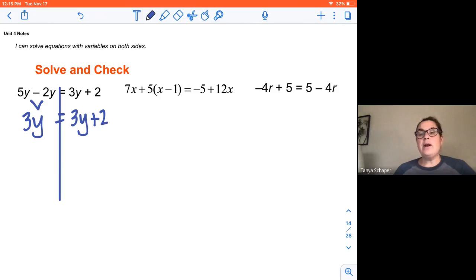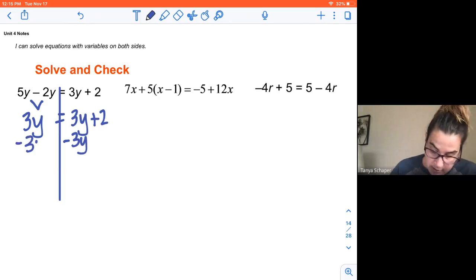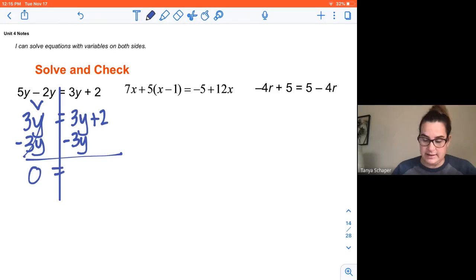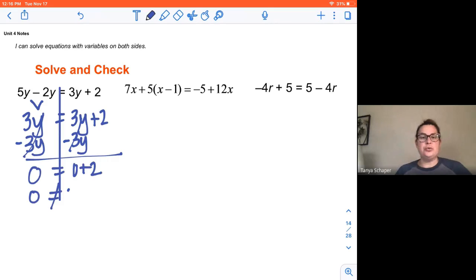Okay. I want to get all the variables on the left side. So I'm going to undo 3y by subtracting 3y. 3y minus 3y is 0, plus 2. Now, I know that 0 is not equal to 2.